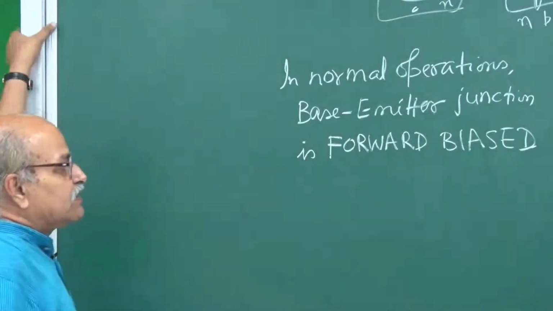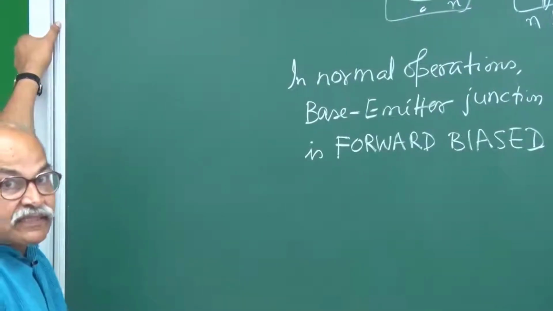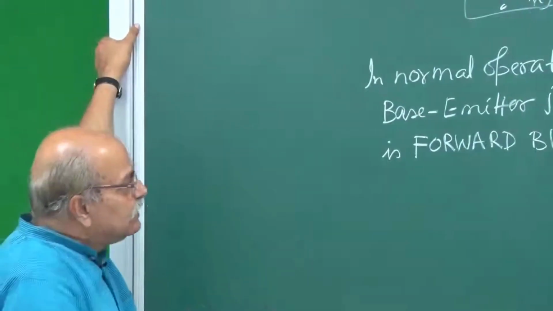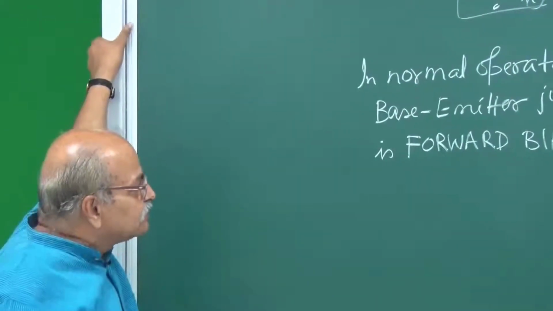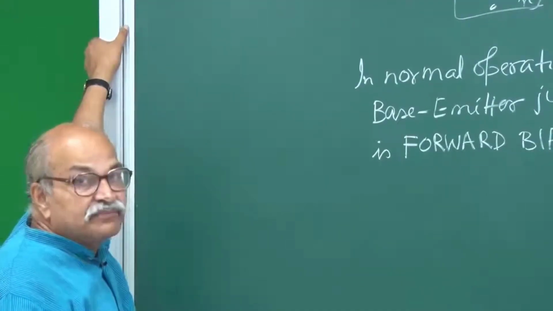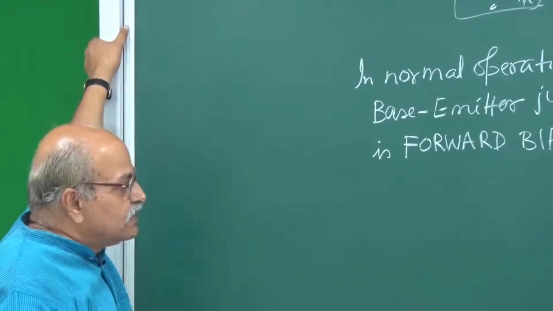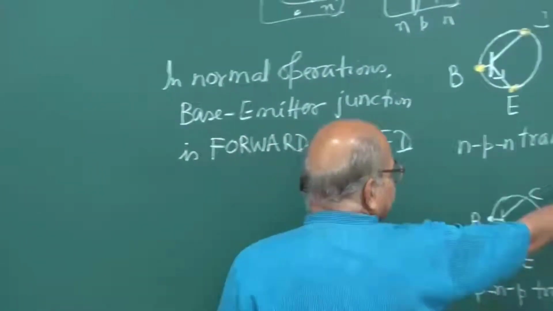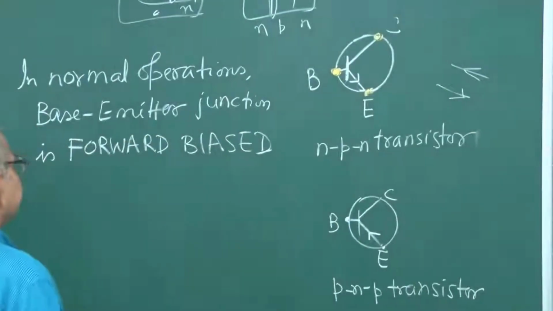The base emitter junction is forward biased in all kinds of applications that we will be using, or in general, and this is valid for PNP junction transistor as well as NPN transistor. So this is valid for both kinds of transistor.